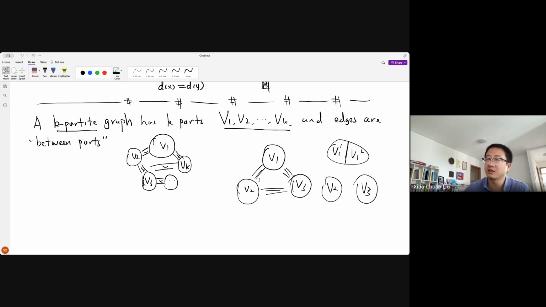It's not exactly clear. For example, you are talking about a bipartite graph. In your mind, you have 2 parts, v1, v2. But it's possible you split this part further into 2 parts, and there is no edge between them. It's happening. And then you call it a 3-partite graph.